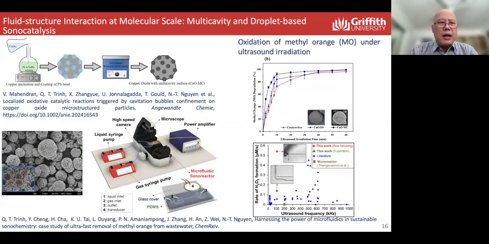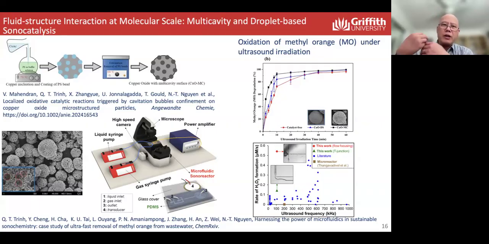Now, just a brief touch on fluid structure interaction at the molecular scale. I mentioned before there are micro viscoelastic phenomena we could deal with, but we are also looking at the area where fluid structure interaction in such a short time and short length scale allows the kinetic energy to be on the order of magnitude of the energy barrier for reaction.